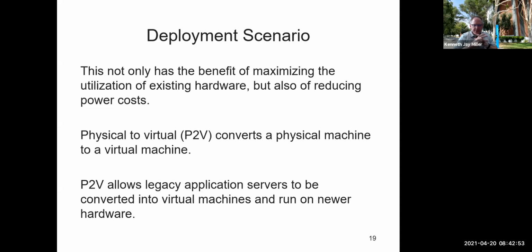Now, this allows legacy applications to be converted into a virtual machine and run on newer hardware. So that old system, maybe it ran on, say, a Pentium 3 or a Pentium 4, and it may have been clunky with just, say, 2 gigs of RAM.